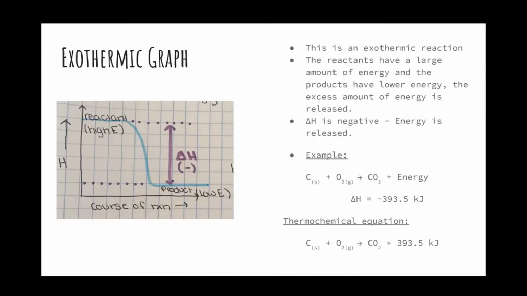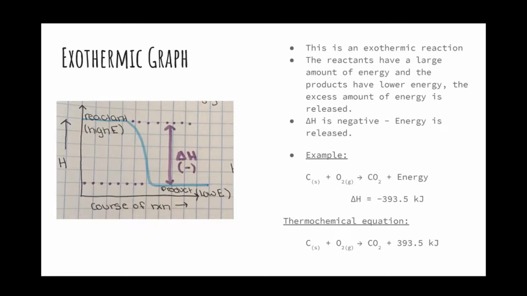It produces 1 mole of carbon dioxide, and it also produces 393.5 kilojoules of energy. Now notice that I did not put that as a negative sign, and that's because by putting it on the product side of the equation, that automatically means that energy is being released. So I don't put that sign in there when I'm writing out my thermochemical equation.